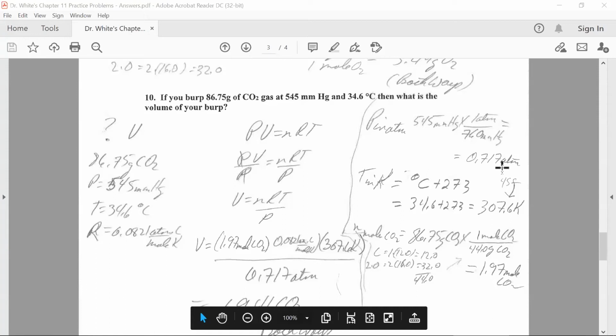You want to get the atmospheres, you use unit analysis, your good buddy, your good friend. Atmospheres goes on top, millimeters go underneath. I don't have it written here, but we've talked about it. 1 atmosphere equals 760 millimeters of mercury, 3 significant, 3 significant. Now, this is a multiple step calculation.